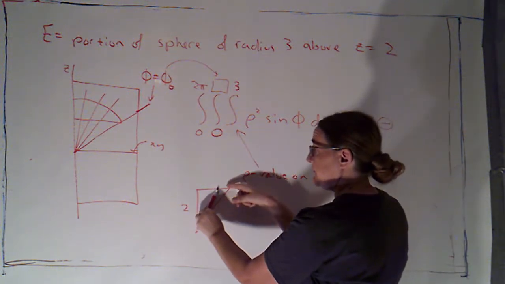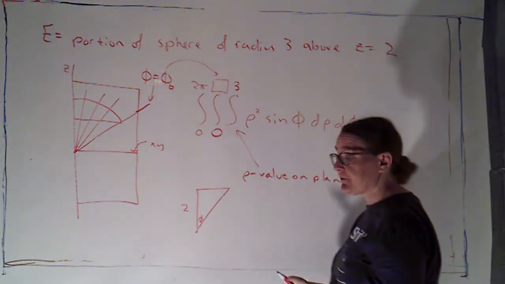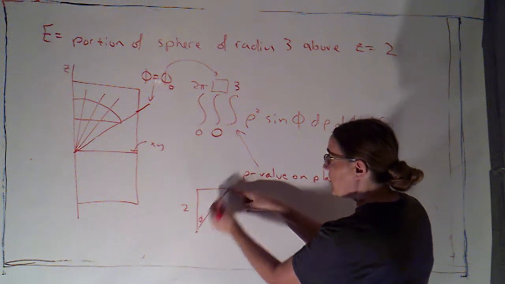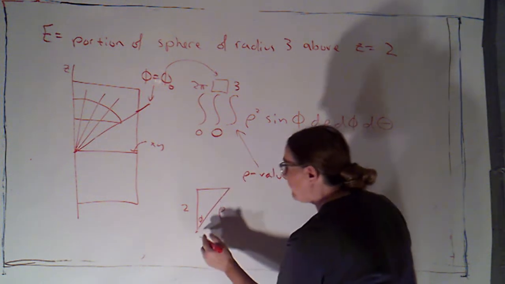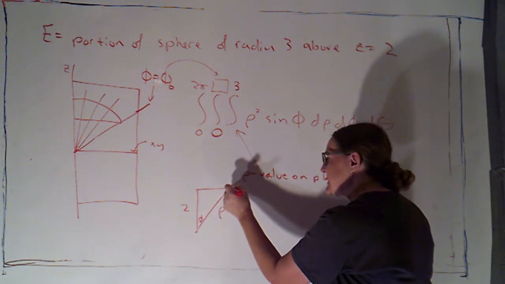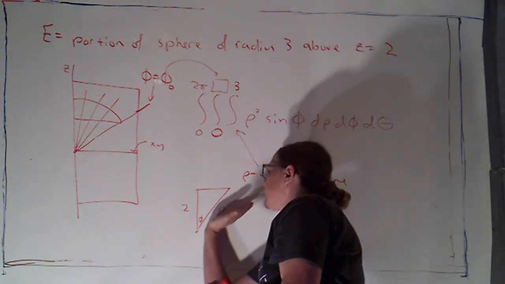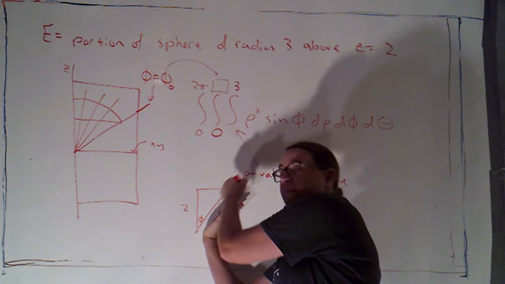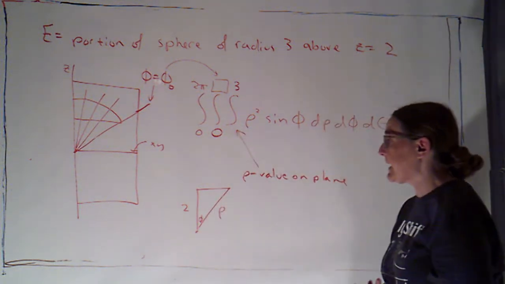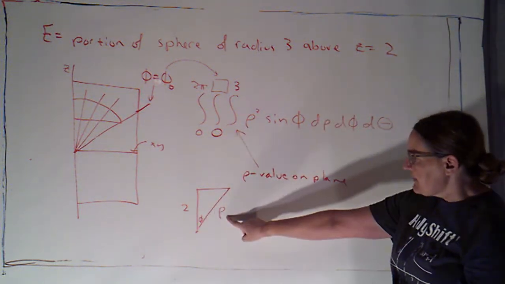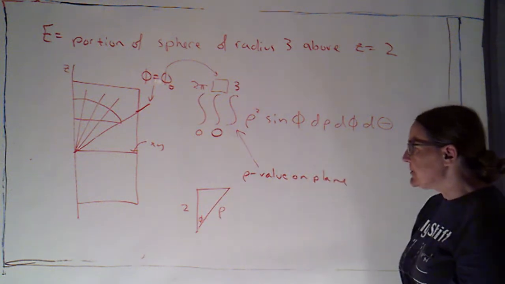Different values of phi are going to give me different values of rho, because I'm trying to solve for how far this distance is before I hit the plane. And the bigger I make phi, the longer that distance is going to be before I hit that plane. So I want to see if I can express rho in terms of phi.